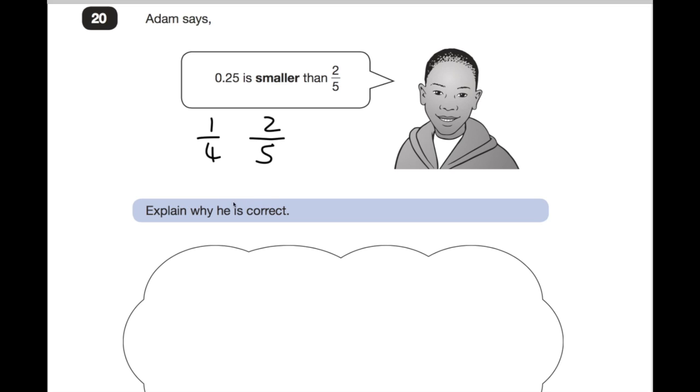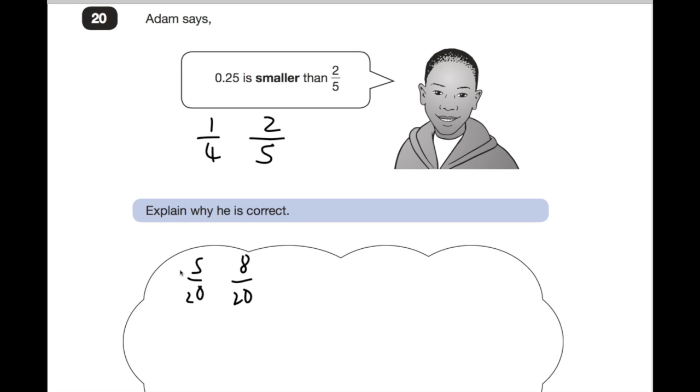So we could convert them so they have the same denominator. In order to do that, we can multiply this quarter by 5, the top and bottom, which equals 5/20. And if we do the same on this side, instead of multiplying by 5, we multiply by 4, so we end up with the same denominator. The answer is 8/20.